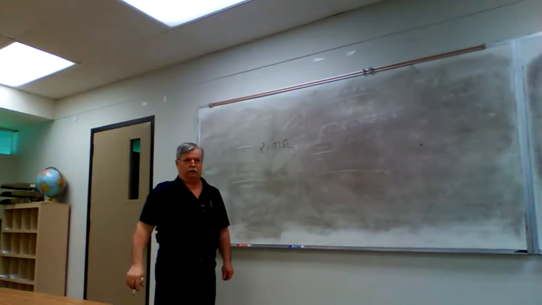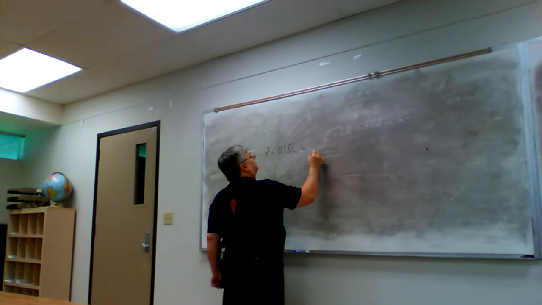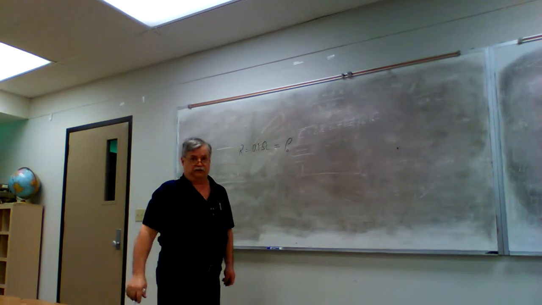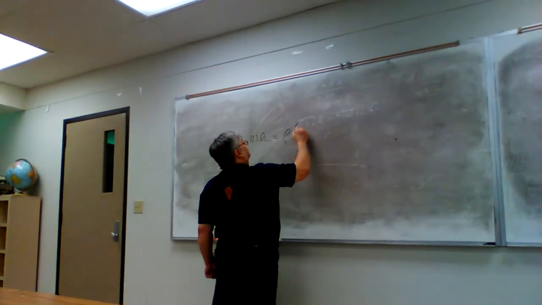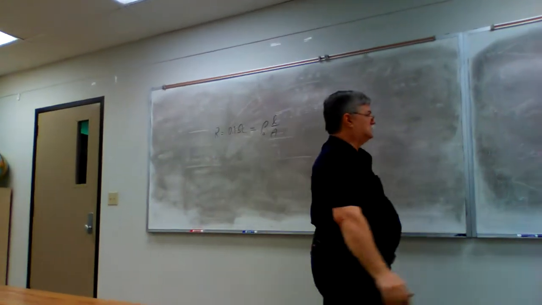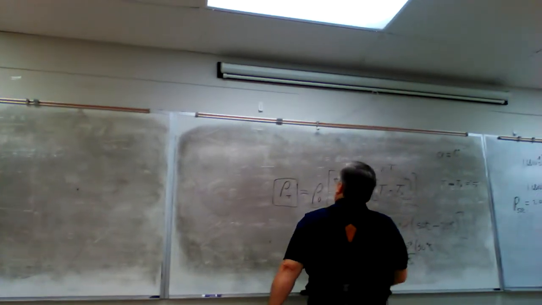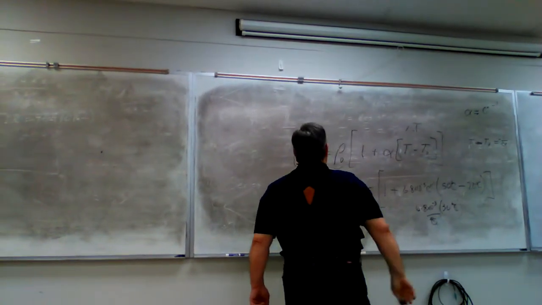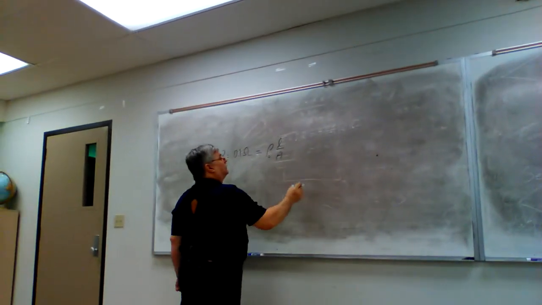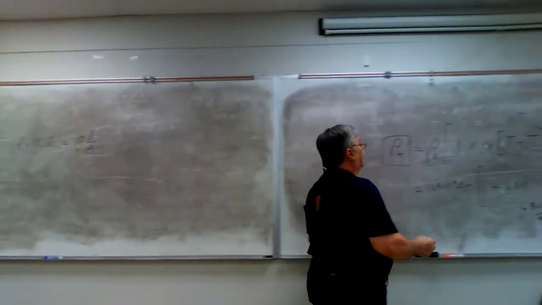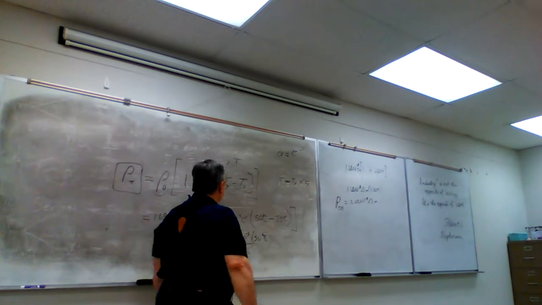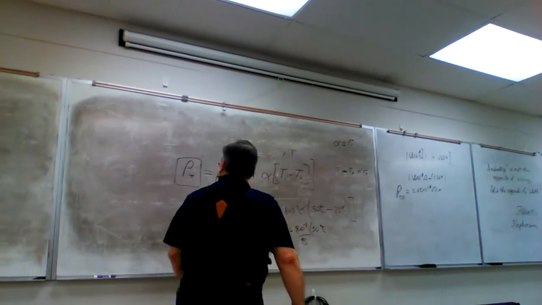That was equal to 0.1 ohms, which was equal to the resistivity at 20 degrees C, rho sub naught, times the length over the area. We could change rho sub naught to rho sub t if we multiply rho sub naught times this. Okay? I can get there a lot simpler than that.